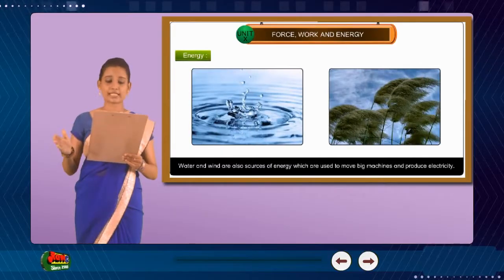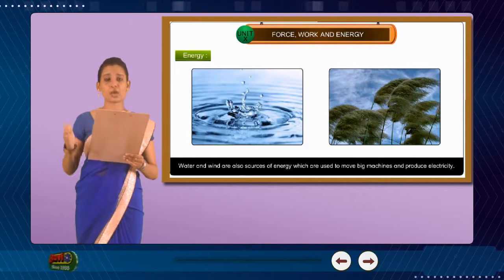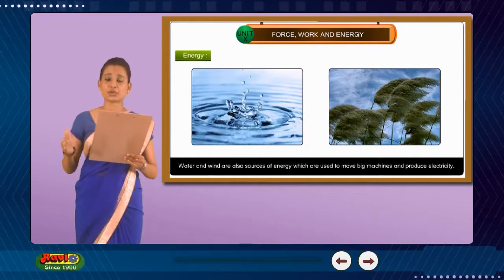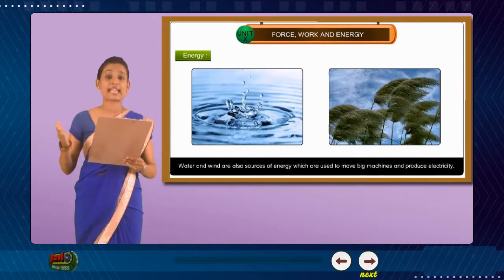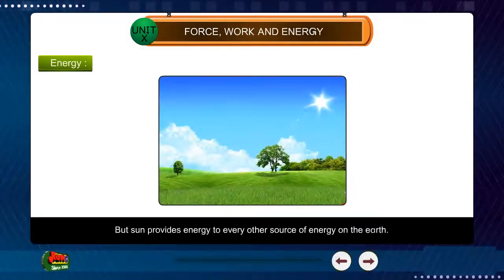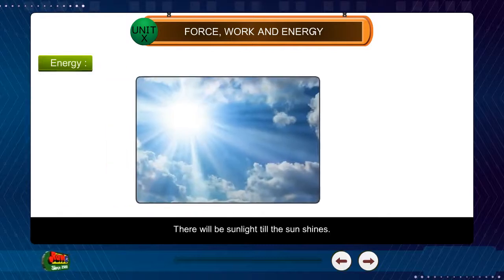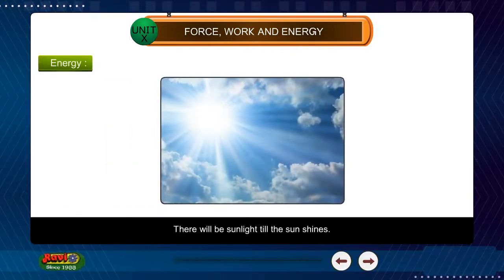Water and wind are also sources of energy which are used to move big machines and produce electricity. But sun provides energy to every other source of energy on the earth. There will be sunlight till the sun shines.